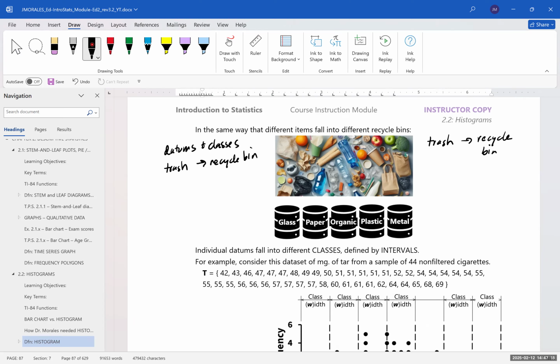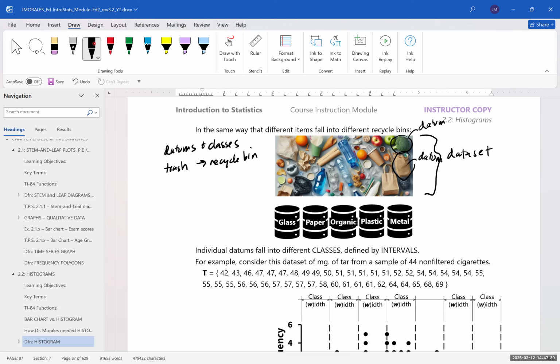So think of trash, let's say all of the trash here, that would be your data set. And each of these little items in your trash is a datum in your data set.